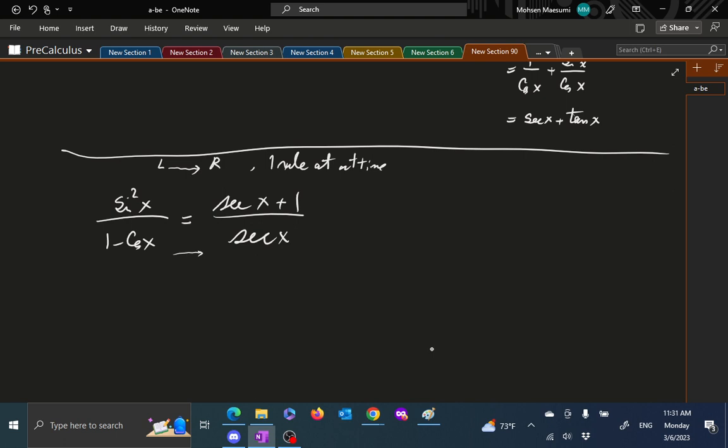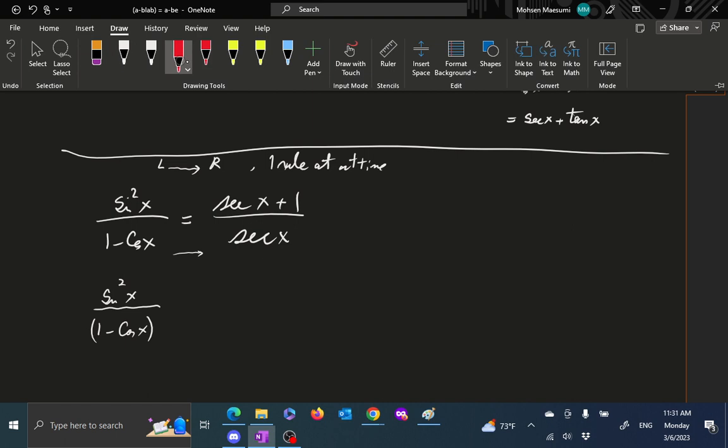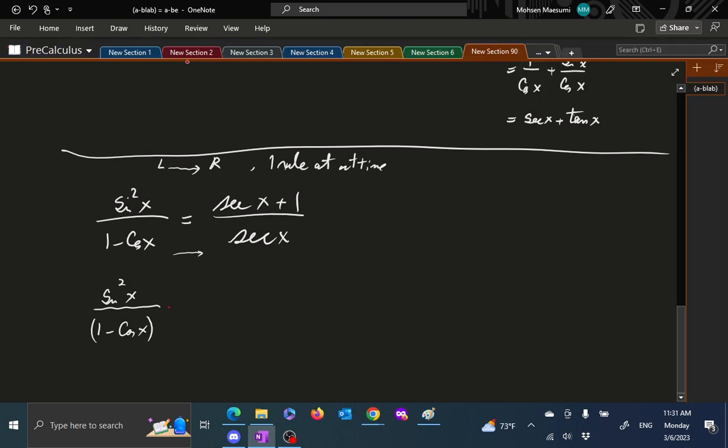We had several problems where we applied the conjugate multiplication. That meant multiply with the denominator's conjugate. If it's a difference, it's going to be the sum, and vice versa.